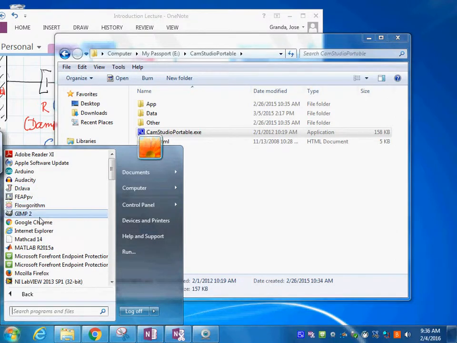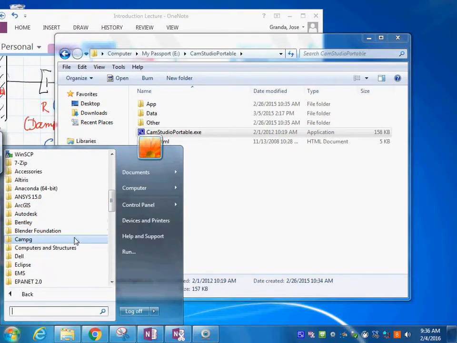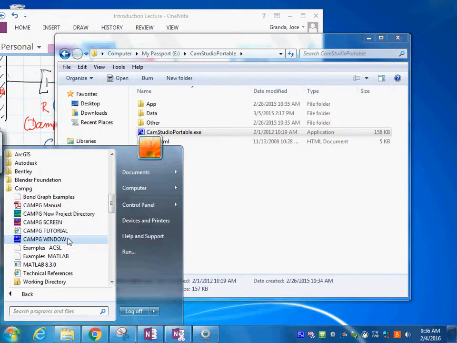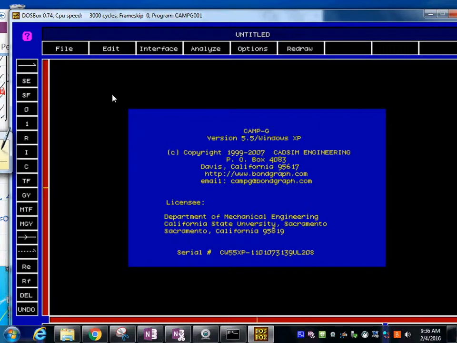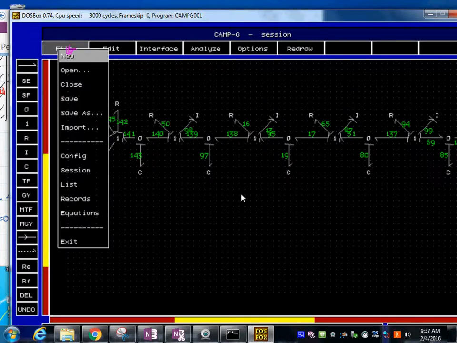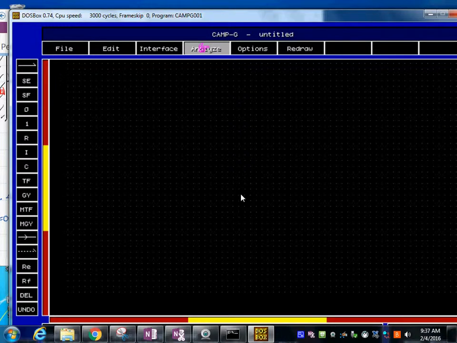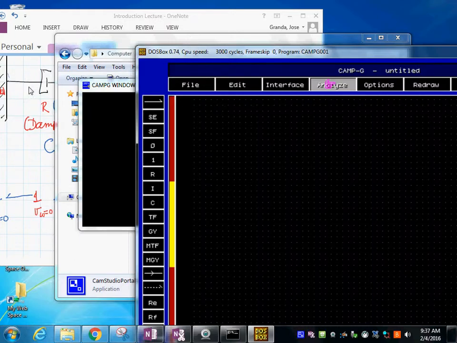Where is the features? Okay, so now we're going to say new, and in fact what we're going to do is transfer the example that I just did into here.